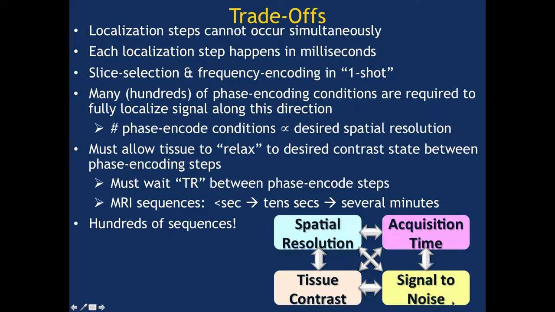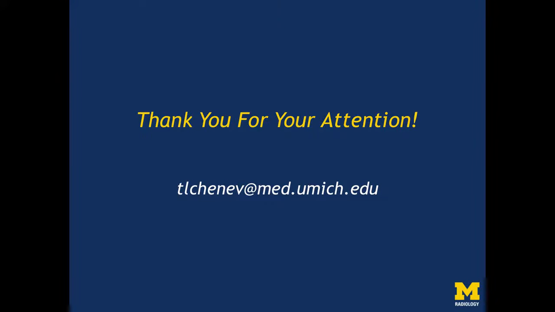What's the quality? What is the level of the signal to noise and contrast? These four concepts are really, MRI is a great example of a lot of balance of trade-offs between these principles, and that's why we have so many different sequences. We may want to accentuate spatial resolution, or we may want to accentuate contrast, or other requirements of our sequences.